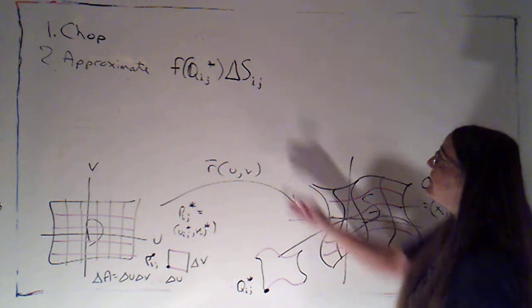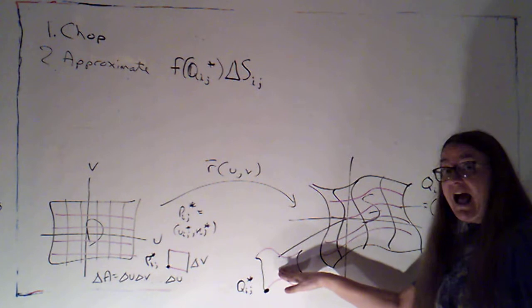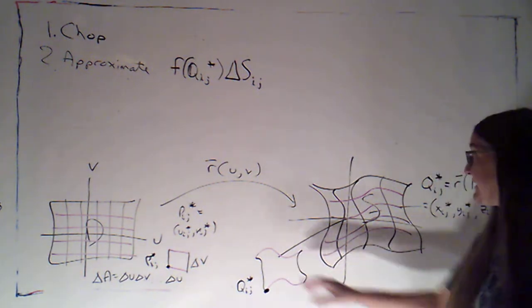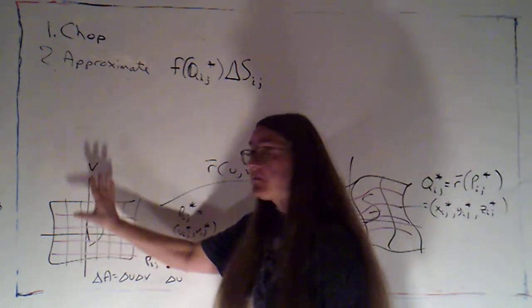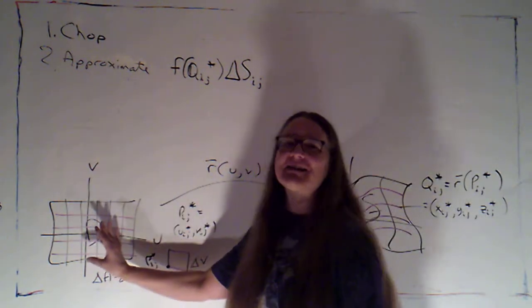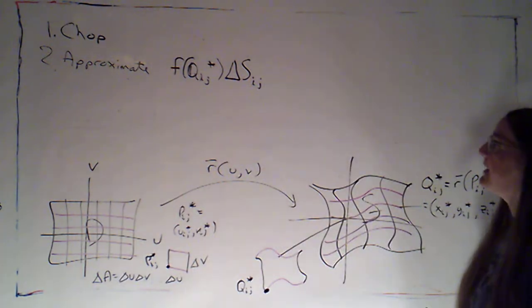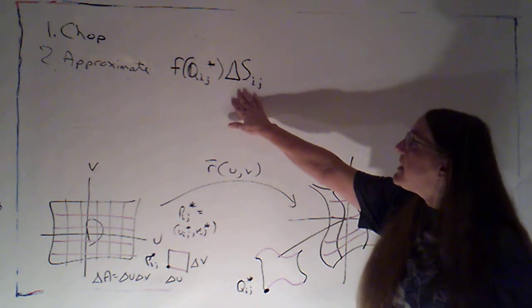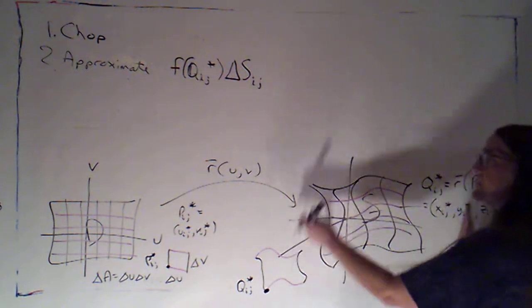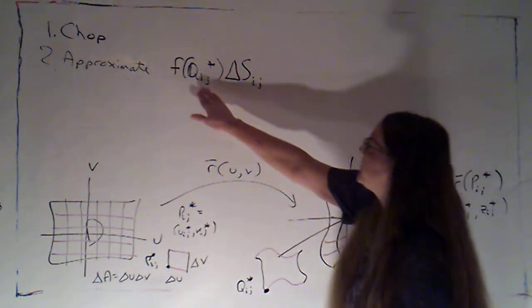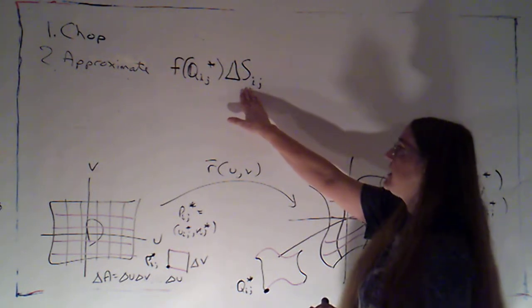Now here I do need to have these subscripts because, as I said, the area of this ijth piece might not be the same as the area of a different piece. Over in the UV system, I rigged it so that the areas of each rectangle were the same. Can't assume that the areas of each patch are the same. So this is how I would approximate my signed volume, expressing it in terms of x, y, and z. This would just be a representative height multiplied by the area of the base.